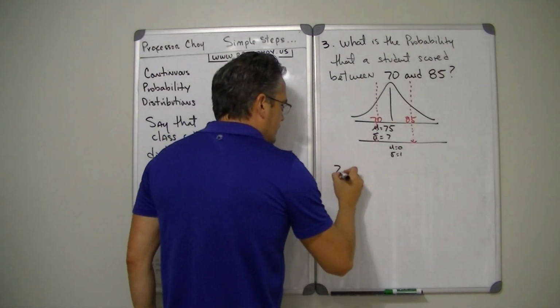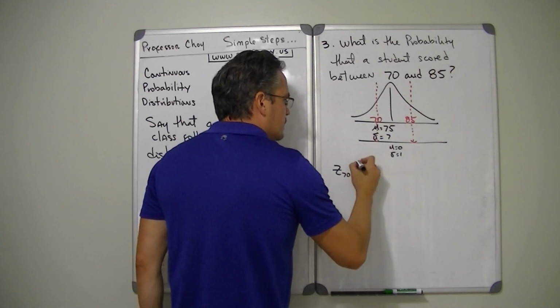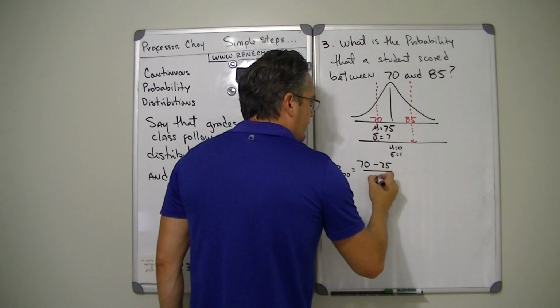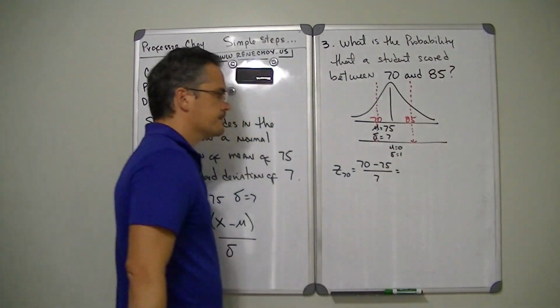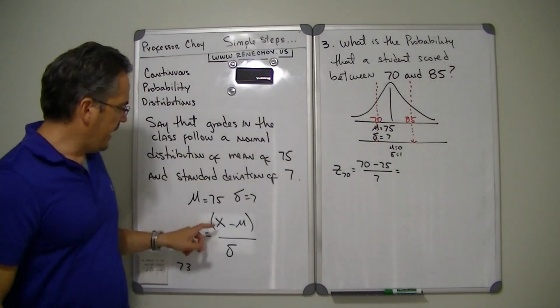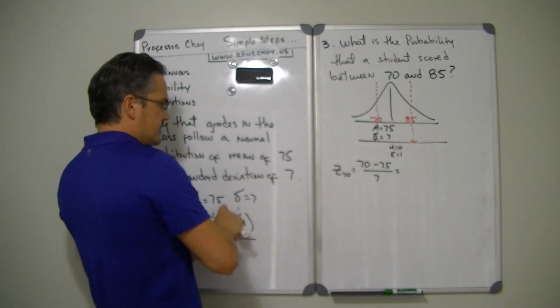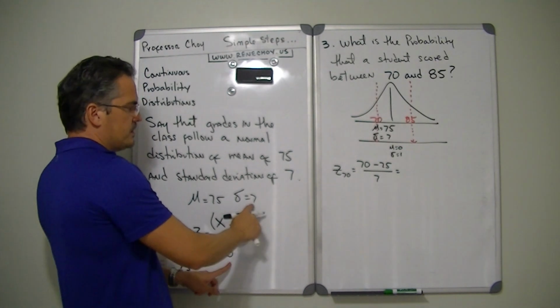Now, the z of 70 is equal to 70 minus 75 divided by 7. So it's x, which is the number that we're trying to calculate now, minus mu, which is 75, divided by sigma, which is 7.